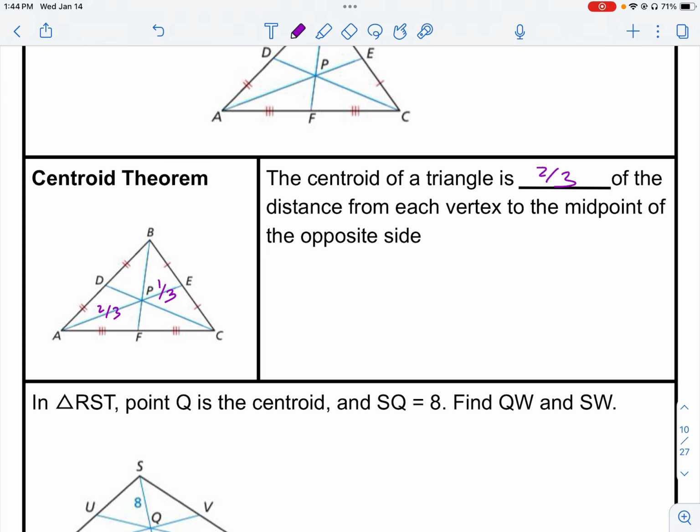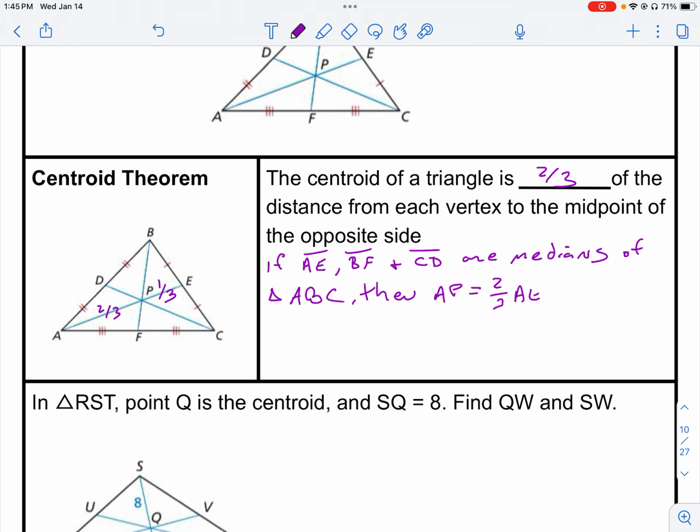So if AE, BF, and CD are medians of triangle ABC, then AP equals 2/3 of AE, BP equals 2/3 of BF, and CP equals 2/3 of CD.